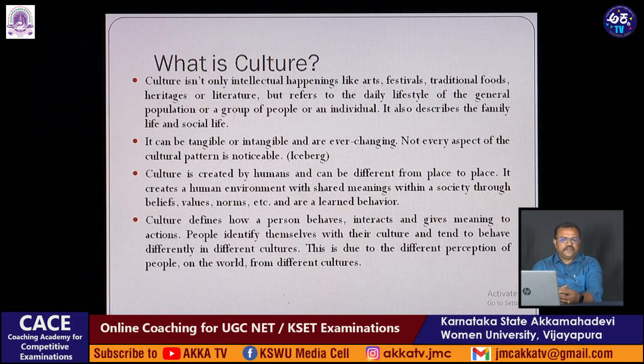Further, I hope you know what culture is, so I will skip this. Only one thing I need to highlight in this slide is that culture can be tangible or intangible. What you see can be culture, and what you can't see can also be culture.